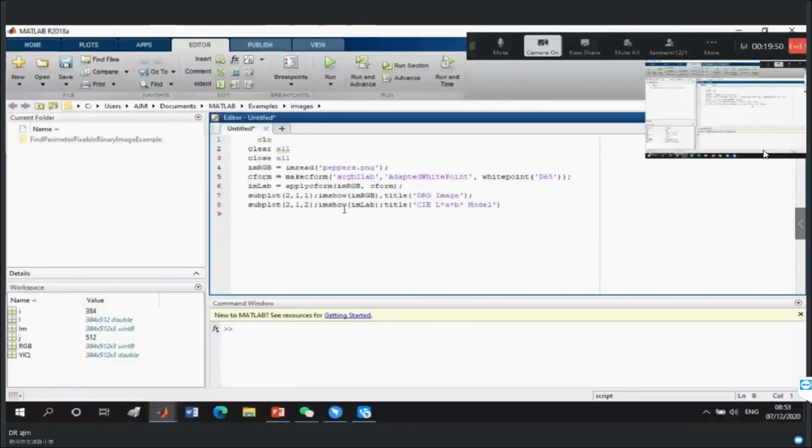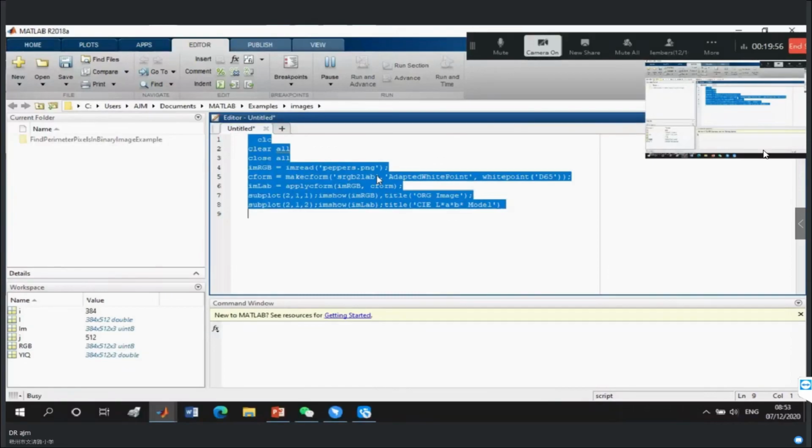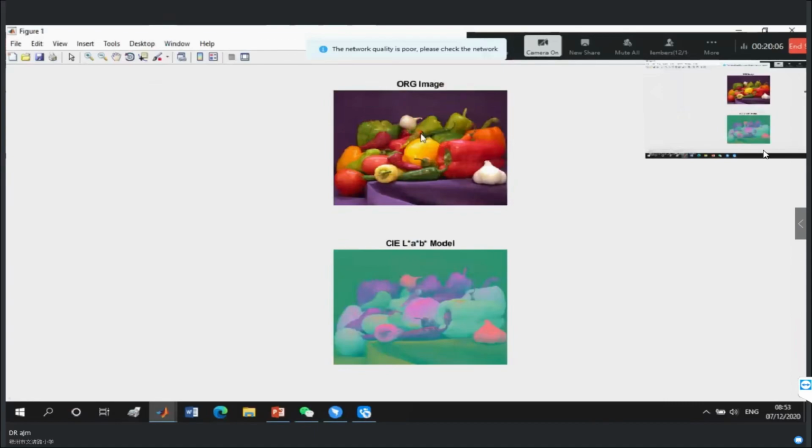Now let us run it. Let's go ahead. Original image as the RGB and the CIE LAB model, which are represented here.